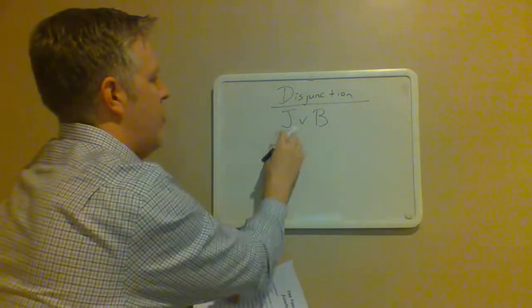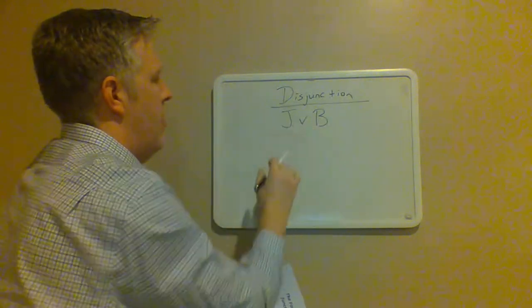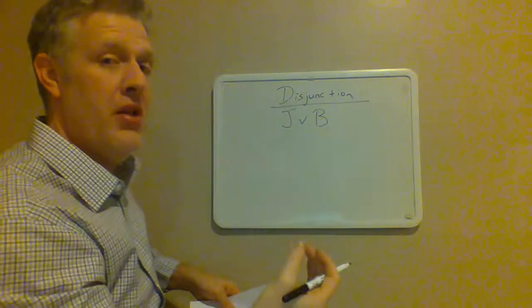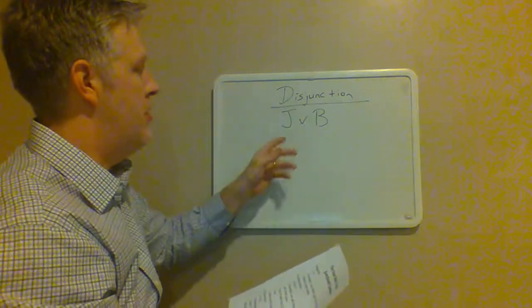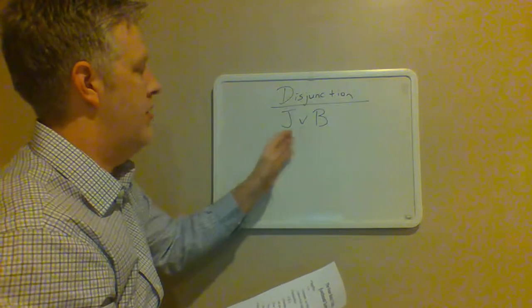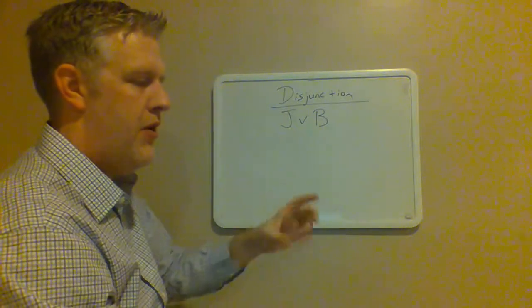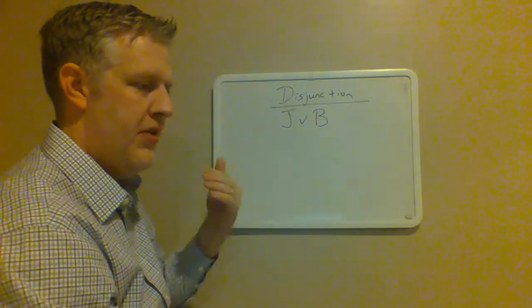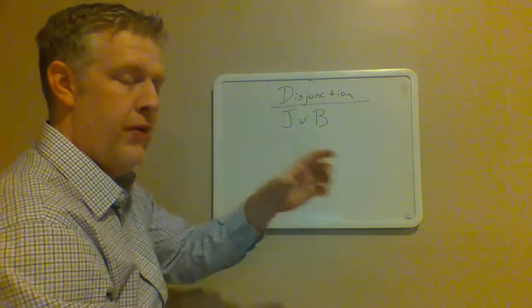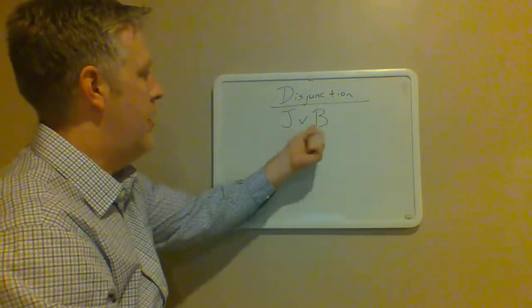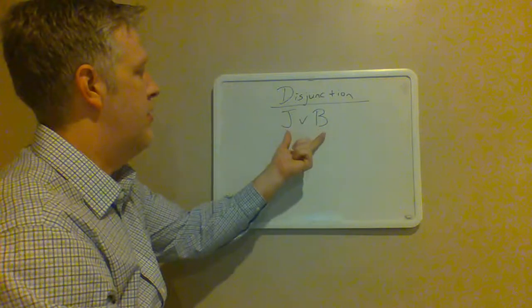Again, you're using basic claim variables, and there are going to be two disjuncts. The things on the left and right are referred to as the left and right disjuncts. Just like in conjunction, you have those two constituent parts on both sides of the conjunction symbol, referred to as conjuncts. Here in a disjunction, these two parts are referred to as disjuncts.